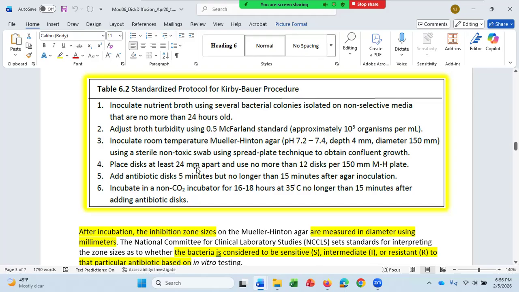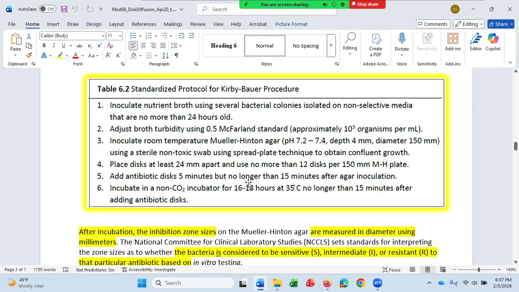You put the bacteria on using a non-toxic swab at 0.5 McFarland units, spreading the plate to obtain confluent growth. I'll explain that when I go through the lab in a bit, but it literally means you spread it on the plate, rotate the plate, and do that 3 times. You then place the discs on the plates no more than 15 minutes after you put the bacteria down, and no earlier than 5 minutes after.